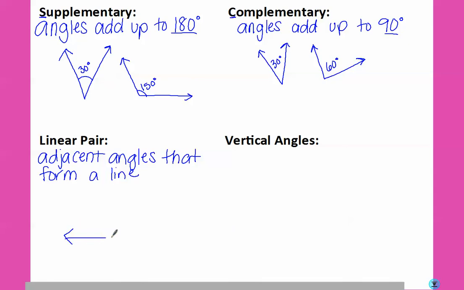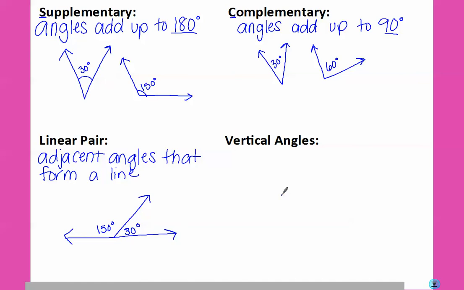So if we have a straight angle like that, we know that's 180. So if we have our ray here that makes an angle of 150 degrees, and our angle here that's 30 degrees, it still adds up to 180. We just have a little one and a big one. They're both supplementary because it equals 180, and they're a linear pair because they're attached and forming a line.